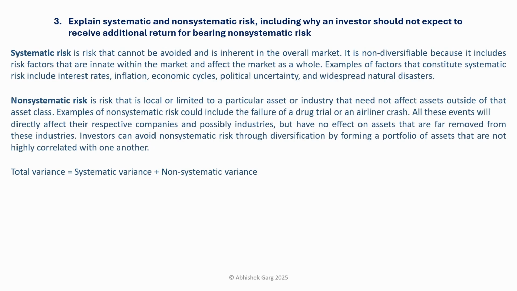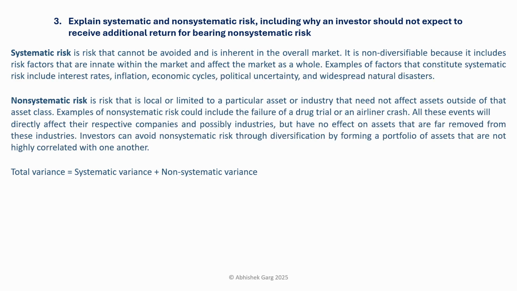Explain systematic and non-systematic risk, including why an investor should not expect to receive additional return for bearing non-systematic risk. Now, what's the systematic risk? It's the risk that cannot be avoided and is inherent in the overall market.